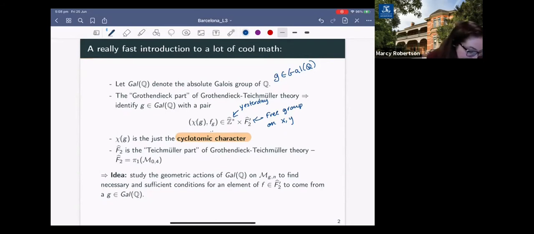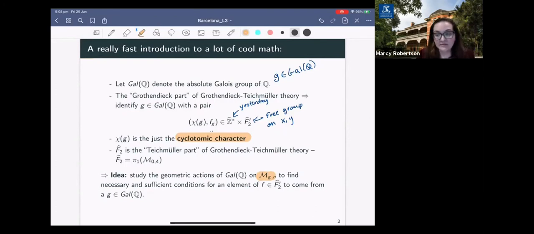So the summary is, you want to study how the absolute Galois group of Q acts on the moduli spaces in general, so all of them, for all g and all n, and see if we can figure out some conditions for an element of the free group to come from an element of the Galois group, right?